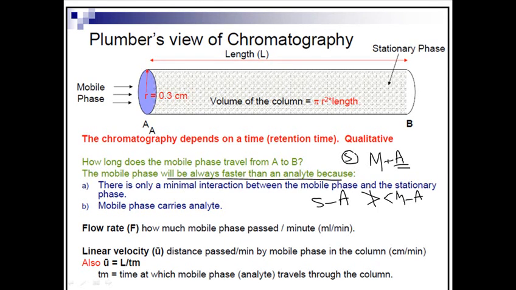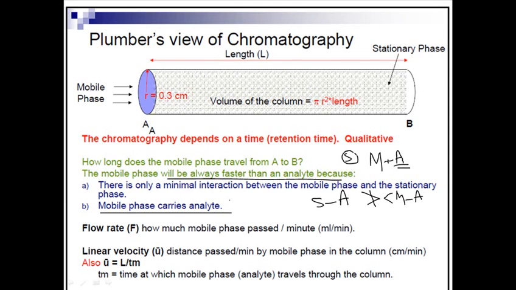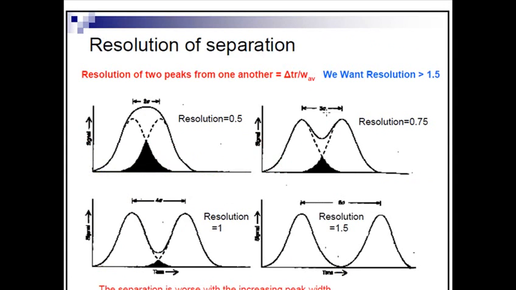Because the mobile phase carries the analyte. Whatever the analyte is, it is dissolved in the mobile phase. So the velocity or the force needed for separation, in this case provided by the mobile phase, is always higher, so it elutes faster than the analyte. Okay, so this is the thing.